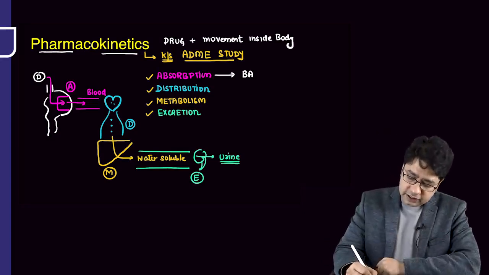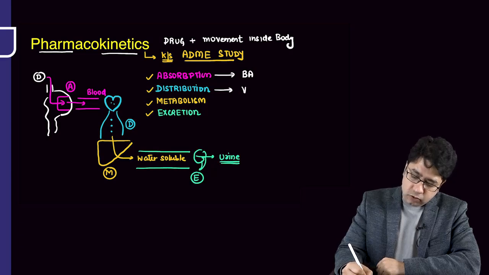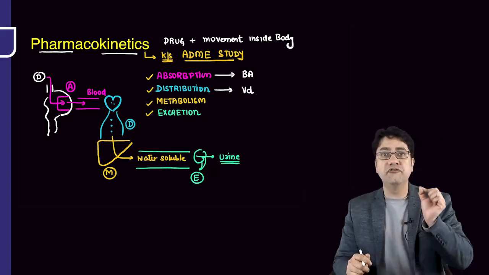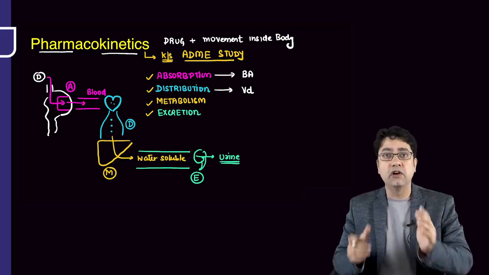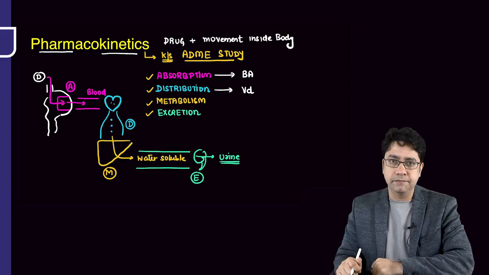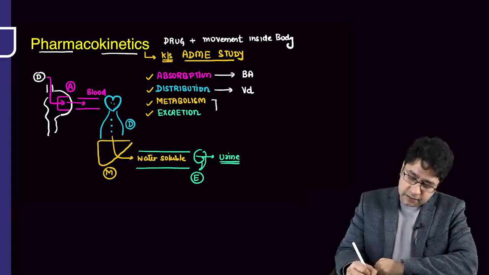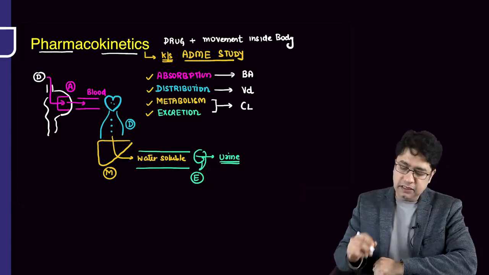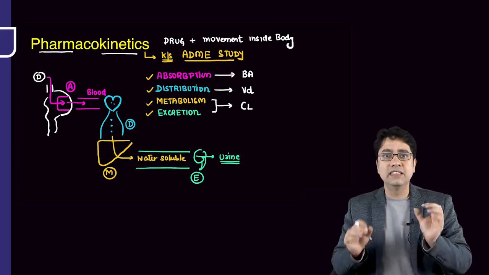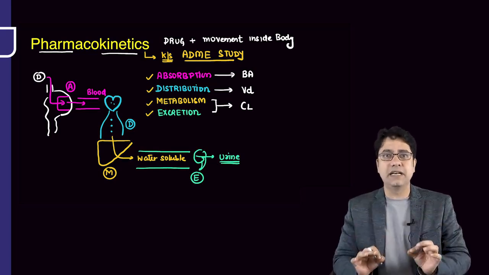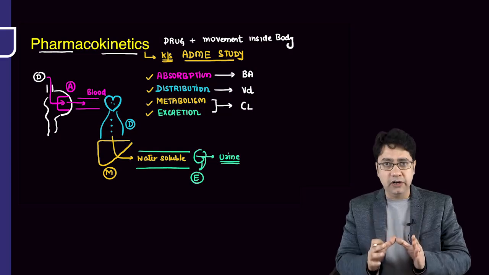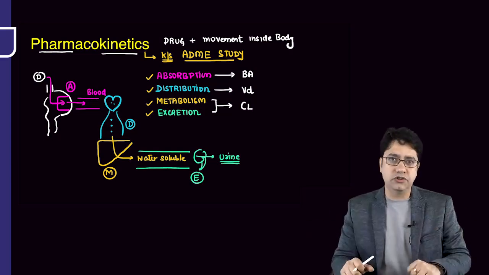When we will discuss distribution, we will calculate a parameter known as VD, which stands for volume of distribution. And when we will discuss metabolism and excretion, we will calculate a parameter known as CL. CL will be clearance capacity, the power of a body to excrete the drug outside.